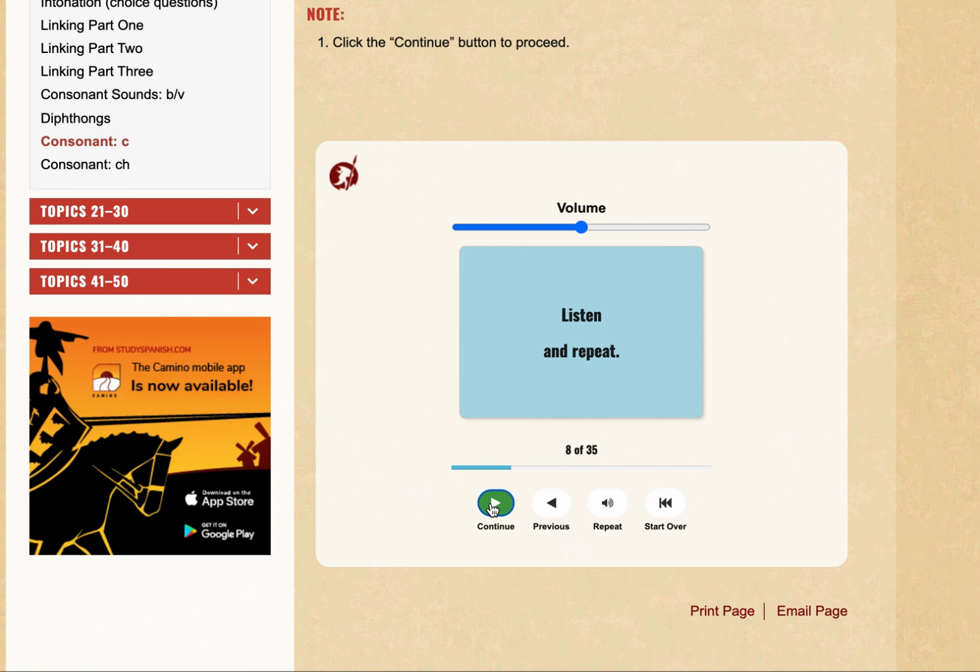Listen and repeat. Again, be sure that there is no puff of air. Casa. So it's just a repetition of the previous set of words: coche, cubo.